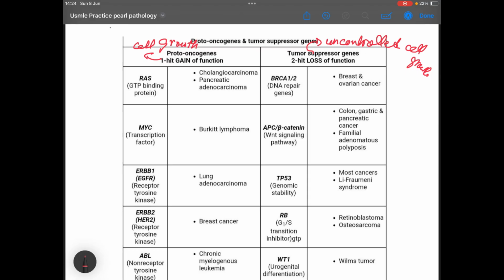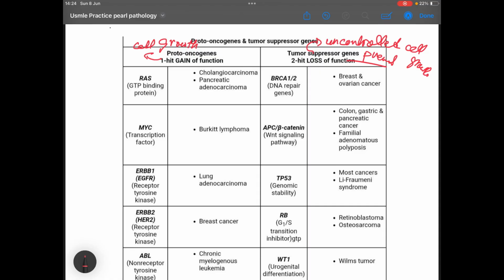When proto-oncogenes become mutated or overactive, they can transform into oncogenes. And if tumor suppressor genes are inactivated, it can lead to uncontrolled cell growth and cancer.